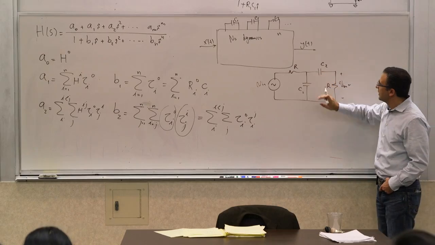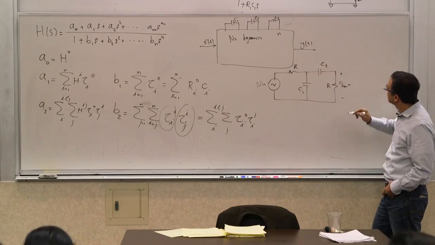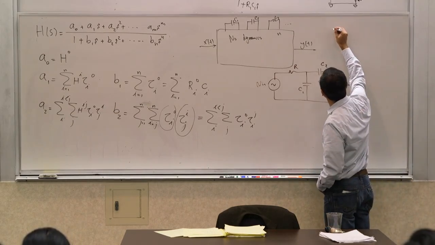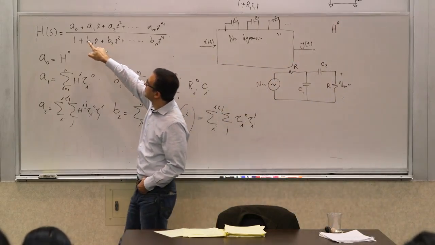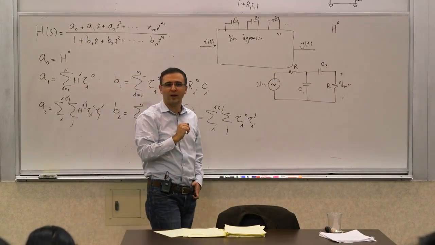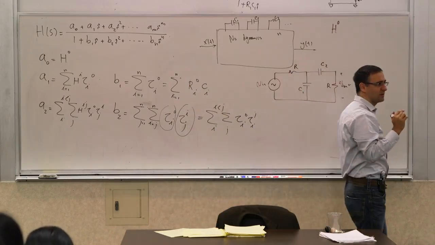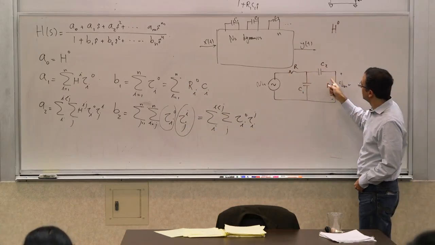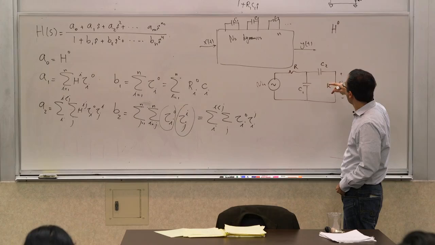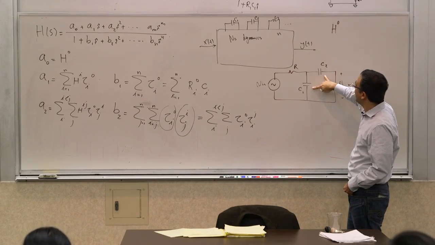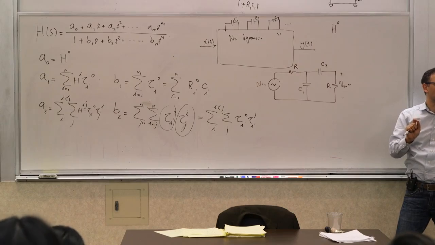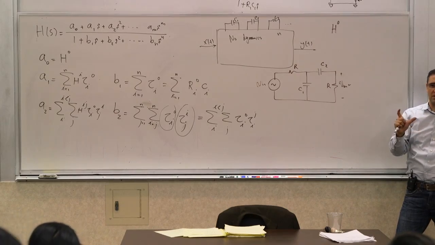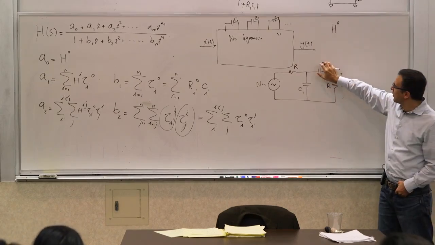So let's determine the things that we need to calculate. The first one, let's determine H0 because that gives me A0. What is H0? H0 is the transfer function, V out over V in, when all elements are zero valued. A zero valued capacitor is an open circuit, right? So you open circuit both of these capacitors.